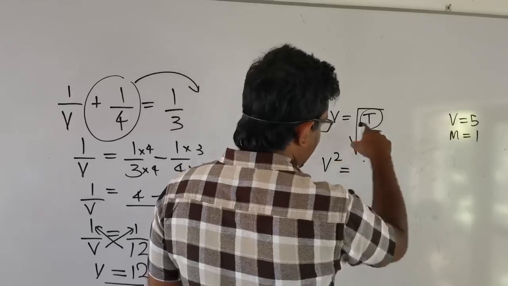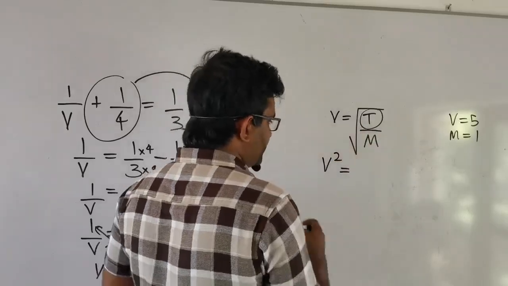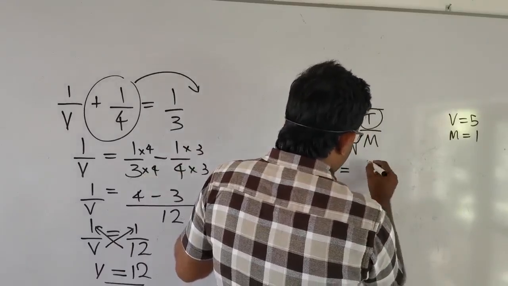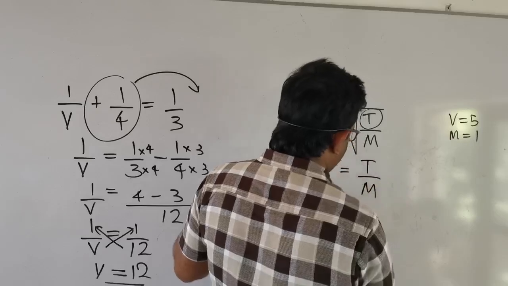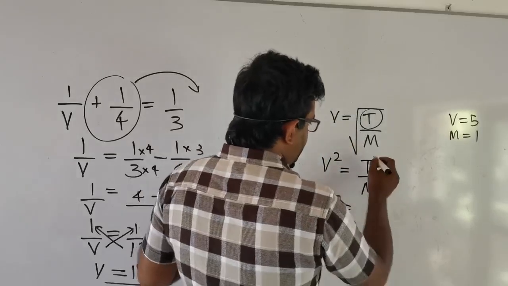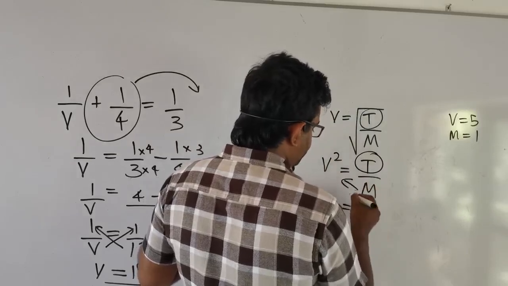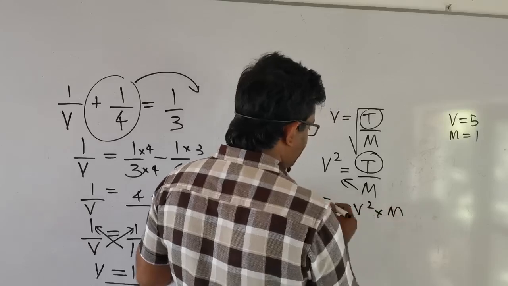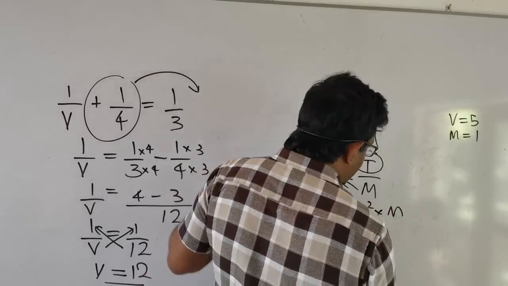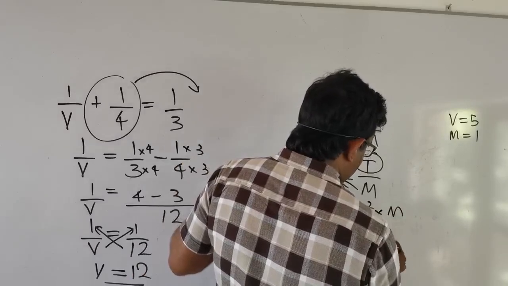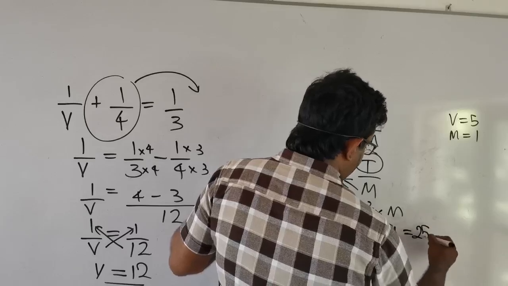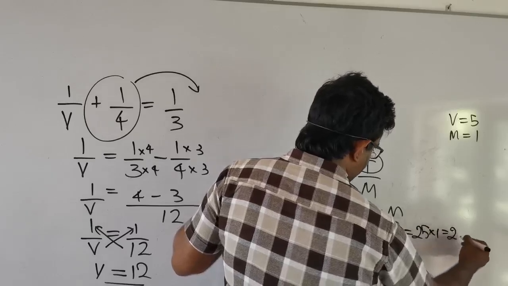Then when we square this side, without the square root we can write t over capital M, right? Then we need to find t. V squared into capital M equals t. So v is 5 squared, into m, that is 1, right? Then 25 into 1, that means 25.